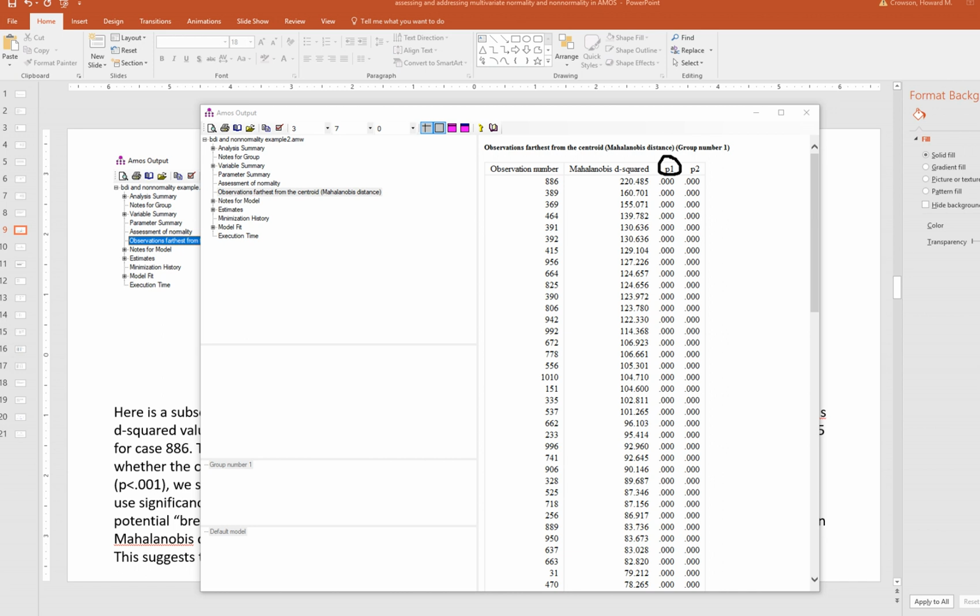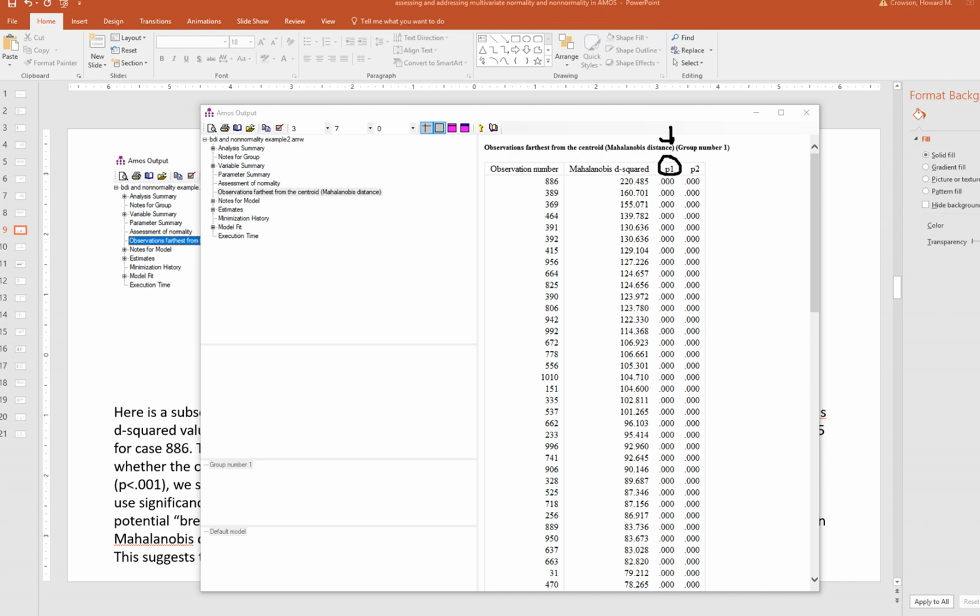The Kline reference pertains to this column right here, and you can see that all of the cases end up being statistically significant. Obviously you can't have every single case being an outlier. So what that translates into is that it's not particularly useful in this context to use this test to assess the presence of an outlier.